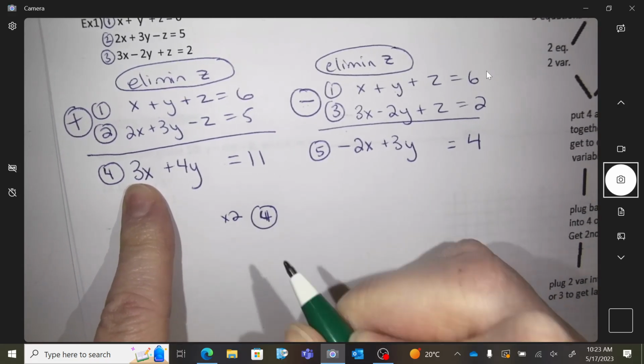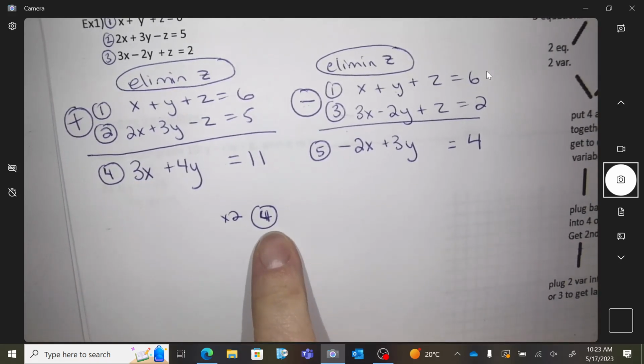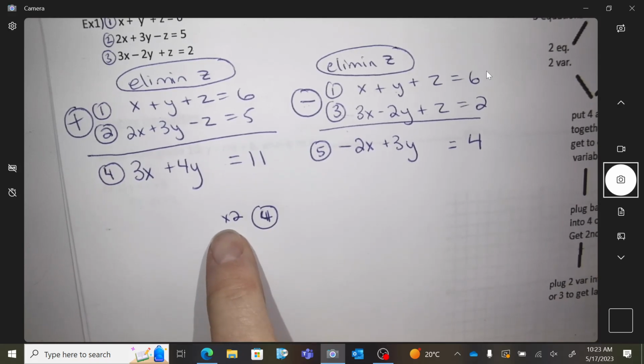So here's my organizing. I'm going to take equation 4 and times it by 2.